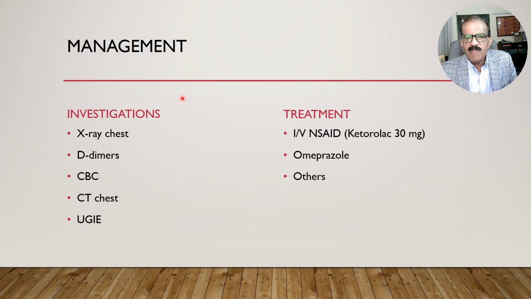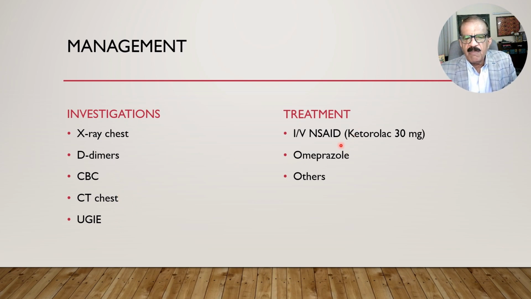So how do we manage non-coronary conditions? These are the investigations which may be required. X-ray is very, very useful. An X-ray will rule out many non-coronary conditions. D-dimer may be done to rule out pulmonary embolism. CBC may be done to rule out pneumonia. CT chest may be done if you suspect some other lung disease, or upper GI endoscopy may be done if you suspect an esophageal problem.